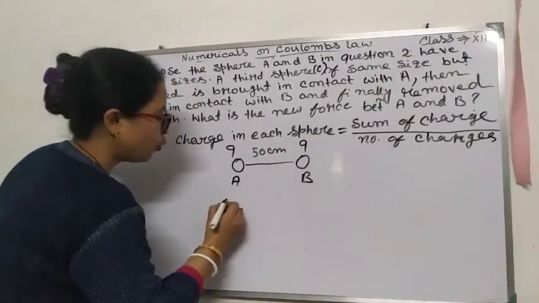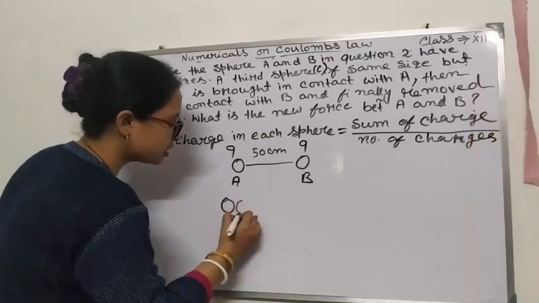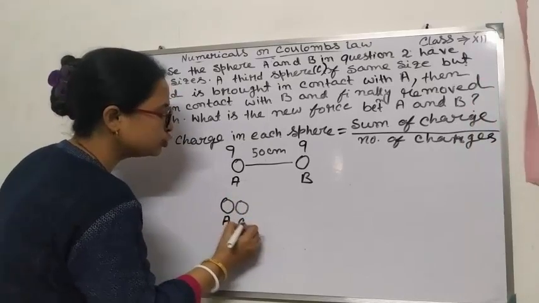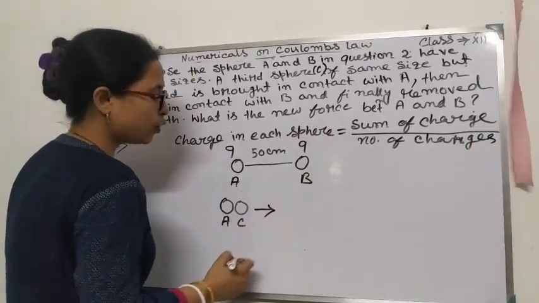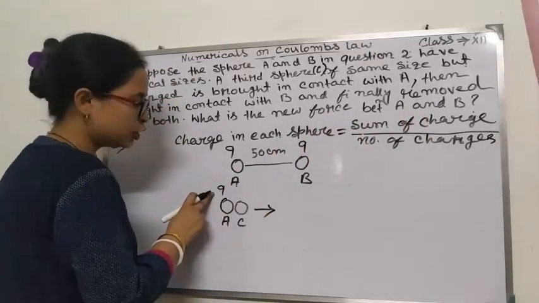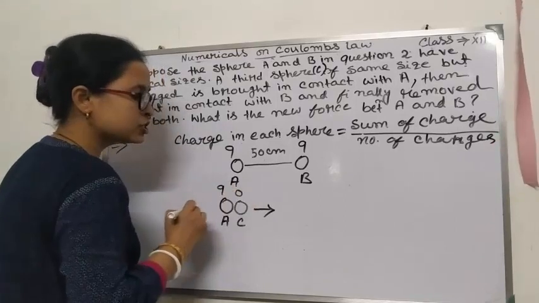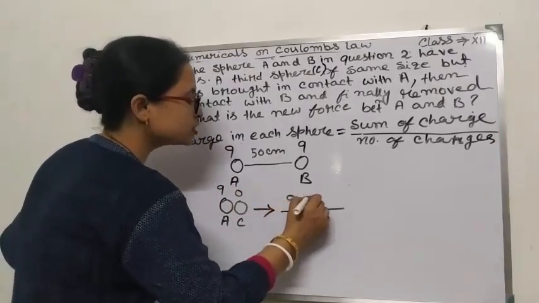Now the uncharged sphere C is brought close to A. Then we apply the formula. The sum of charge: A contains charge Q, but the charge on C is 0, so the sum is Q plus 0.